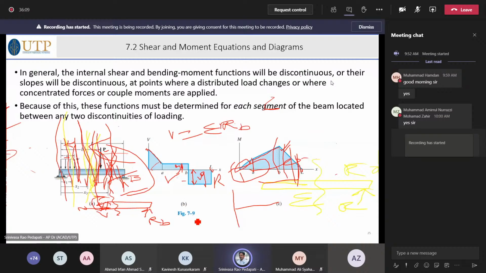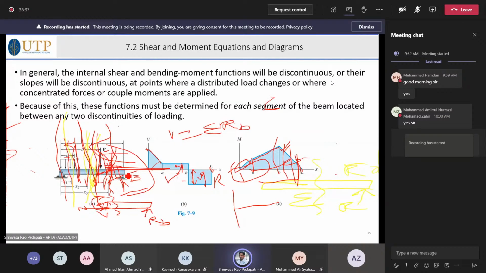For the equilibrium equation, you take the right side or left side. You take the free body diagram, write the moment equation and shear force equation, and see what is happening with x. So you can write an equation and keep on checking. Normally what we do is identify salient points, meaning important points. Say for example B is one, P is one, at which it changes.